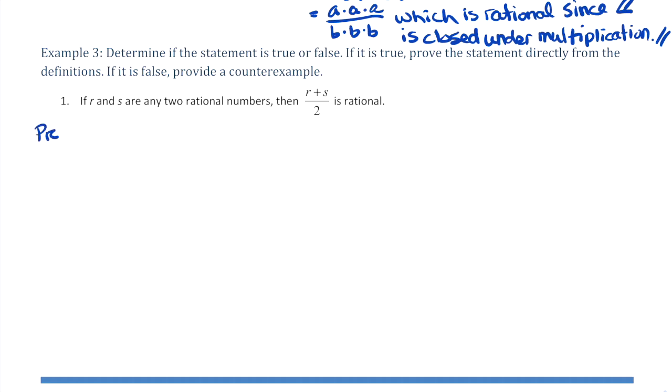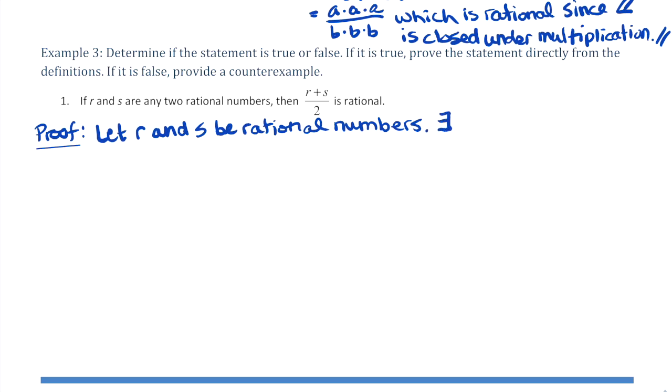All right, so proof. What do you think we should do? Well, why don't we go ahead, just to be on the safe side, and let R and S be rational numbers, as our premise states.